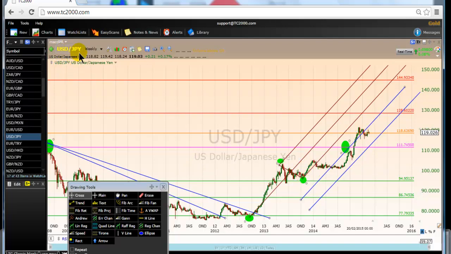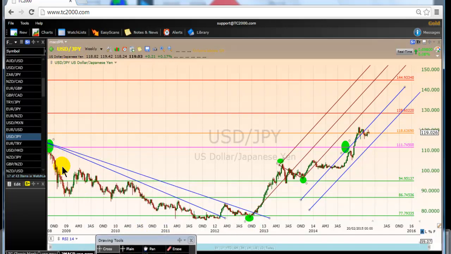At that point, the dollar yen started going up, because we are comparing the US dollar to the Japanese yen. So when you see this section here, when the price was going down, from 2009 all the way to 2012, the Federal Reserve was busy devaluing the dollar, so the dollar yen was going down.